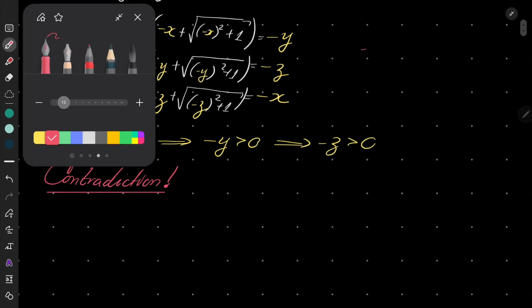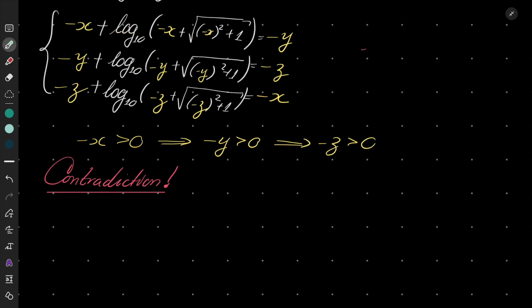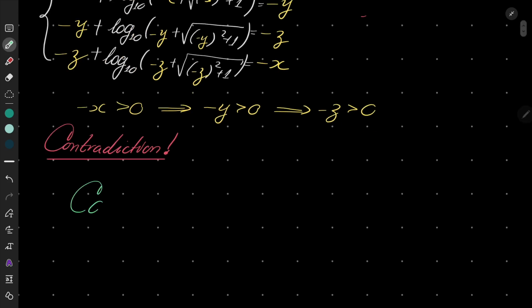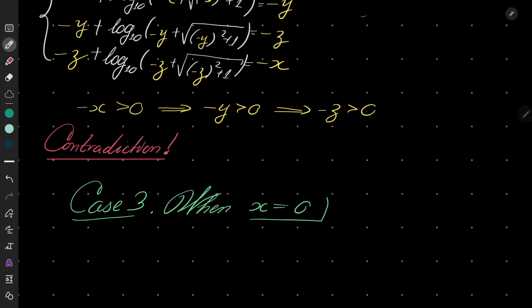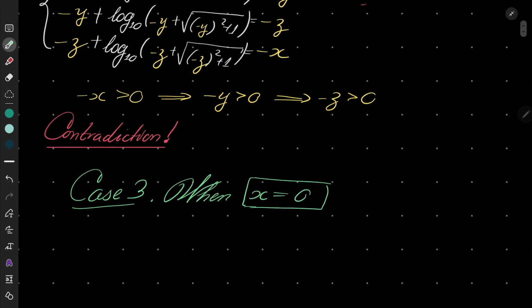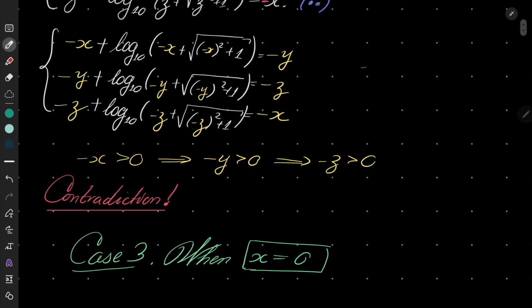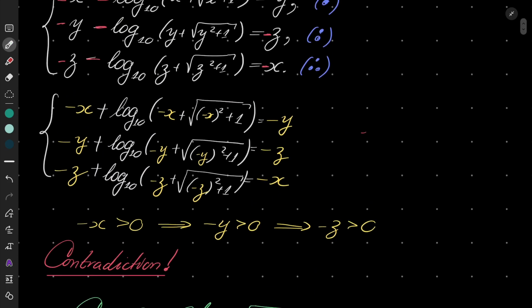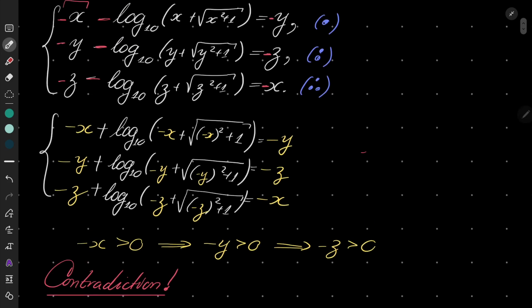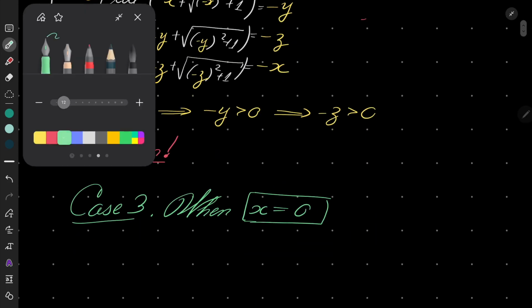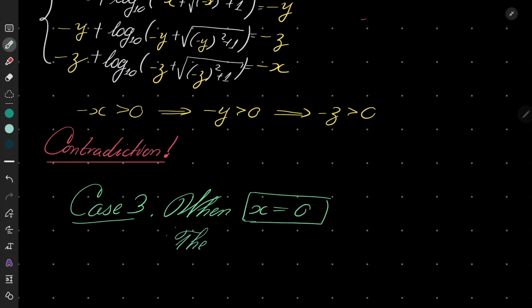And finally, the last case. So x cannot be positive, cannot be negative, so it must be 0. Case number 3 and final case, when x is actually equal to 0. What happens then? Well, it should be pretty easy to see that if x is in fact 0, then y is also 0, and finally z is also 0.